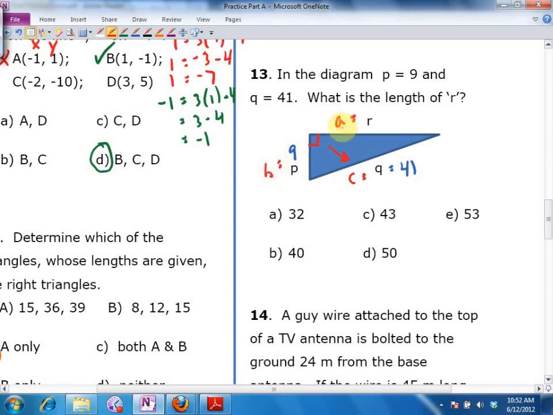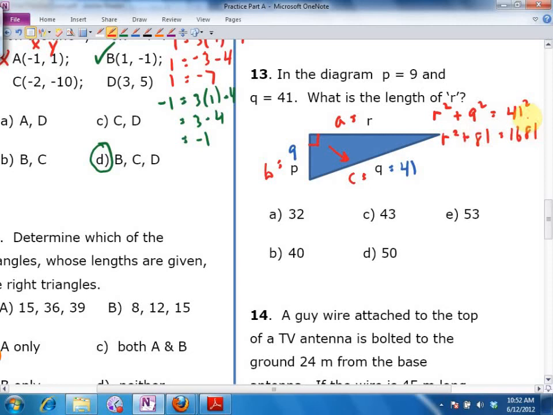A, B, doesn't matter which way to do it here. Again, plug your numbers in. R squared plus, so A squared plus B squared, 9 squared equals 41 squared. Square the 9, I get 81. Square the 41, I get 1681. Oh, convenient.